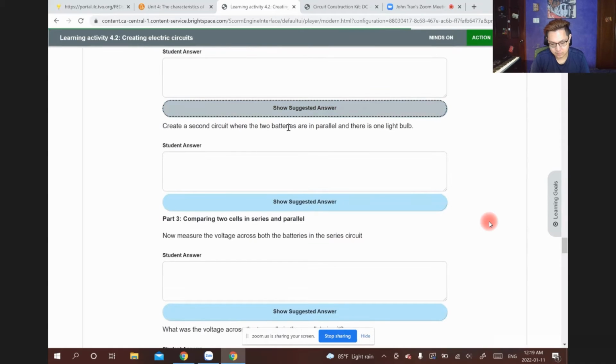Second circuit where the two batteries are in parallel, and there's one light bulb.